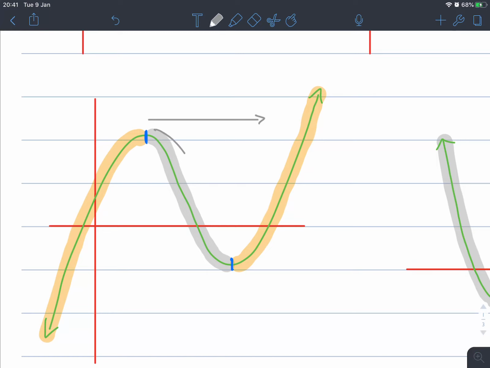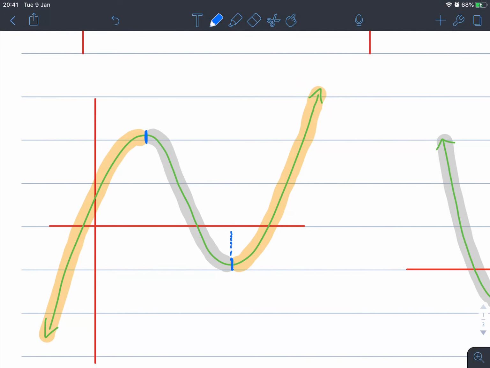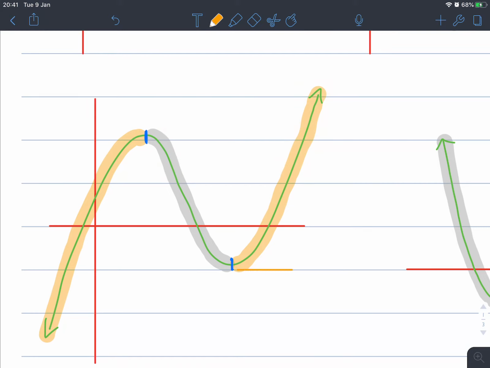So that is a decreasing portion, until it reaches this point again. That point once again is stationary. The curve is turning at that point. And then from that point onwards, as x increases, y is going up, so that is increasing.